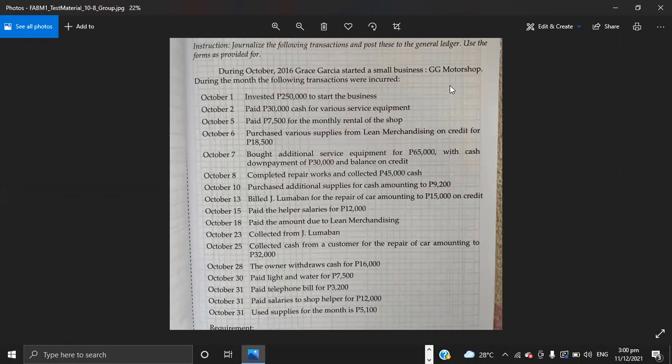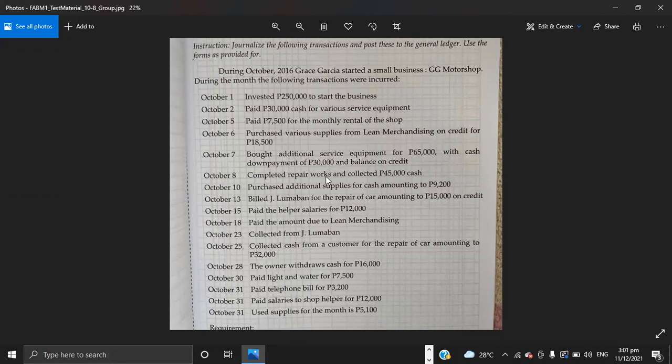October 1, invested 250,000 to start a business, paid 30,000 cash for various service equipment, paid 7,500 for monthly rental of the shop, purchased various supplies from Lean Merchandising on credit for 18,500, bought additional service equipment for 65,000, with a cash down payment of 30,000, and the balance is on credit.